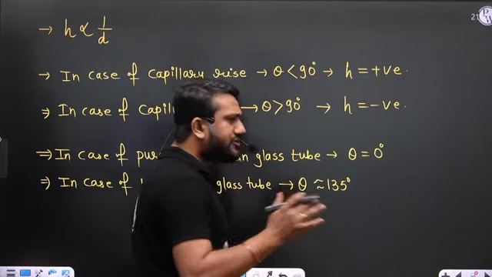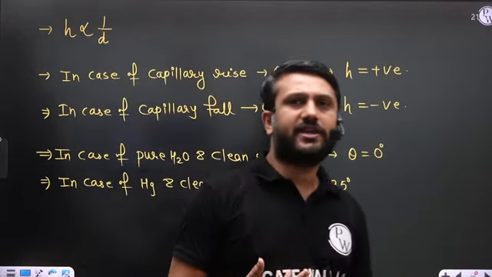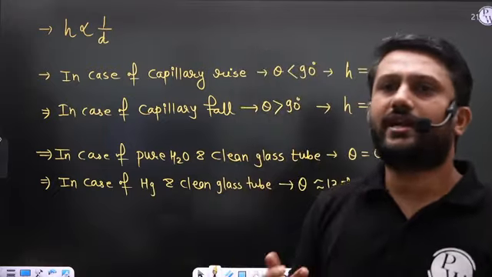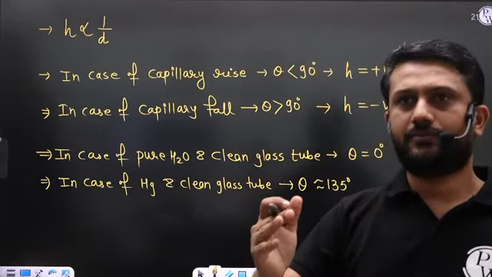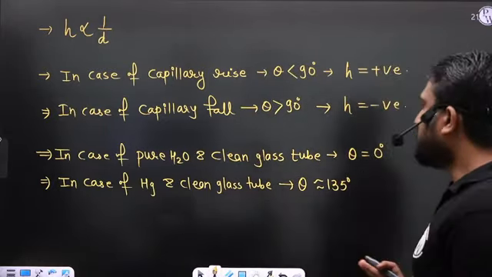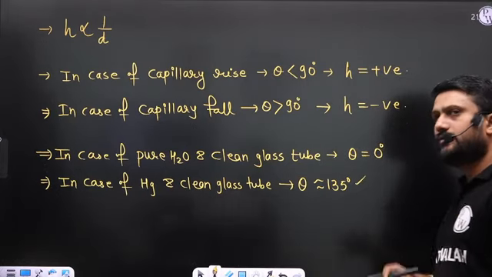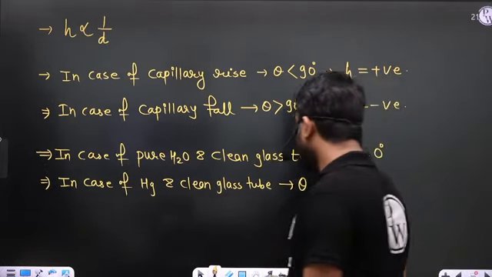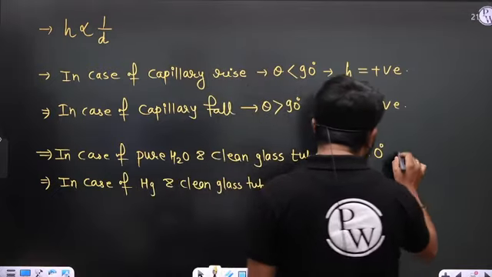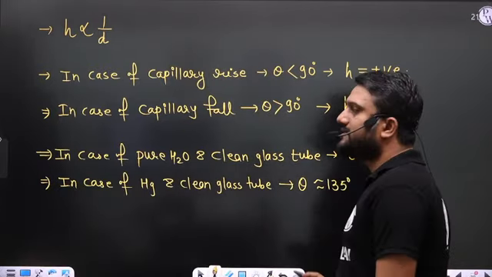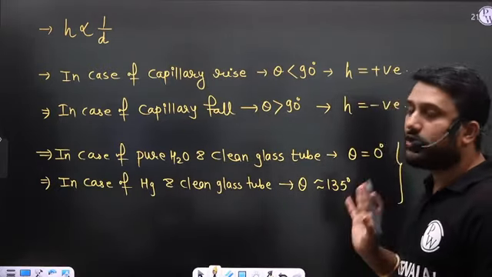In some books you get 135, in some books 136, in some books 138 also. So in case of mercury and the clean glass tube, theta is approximately equal to 135 degree. So these are the important facts. You must remember these important facts.